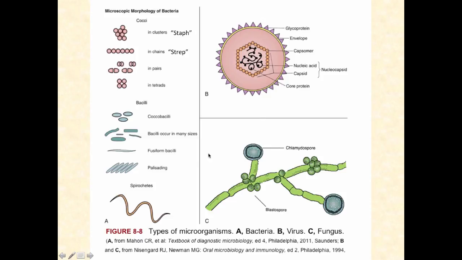And now at the bottom here, what we see is a basic structure of a fungus, where fungi are multicellular organisms that are sort of a cross between a plant and an animal cell. So they're very interesting in their reproduction pattern.